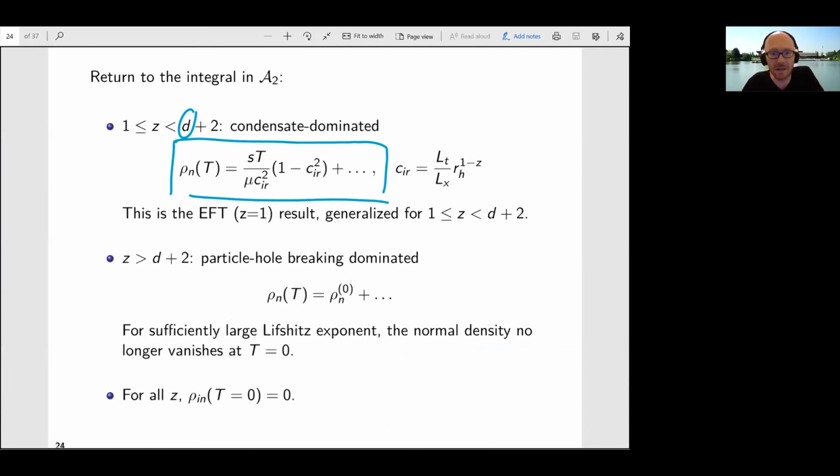And that is exactly the EFT result that holds at z equal 1, except that here we see that we've generalized it also for values of z that are greater than 1. And c_IR is the IR speed of light, like I was saying.